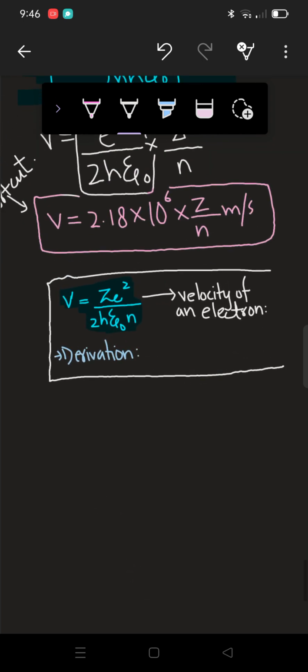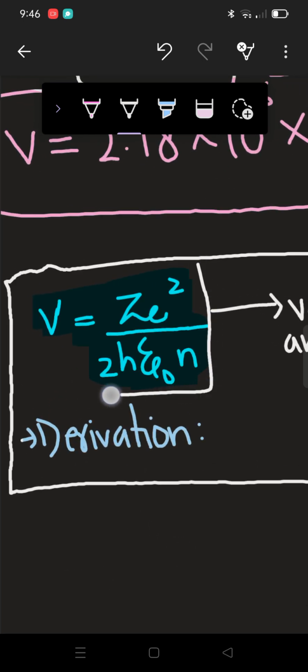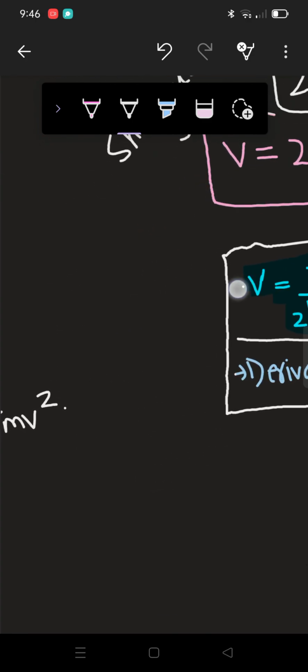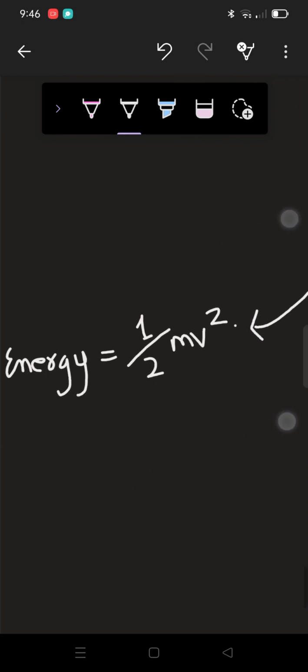Here you can see we have already derived the formula for velocity, and that is equal to ze square upon 2h epsilon naught n. So we need to put the value of velocity in the kinetic energy formula.